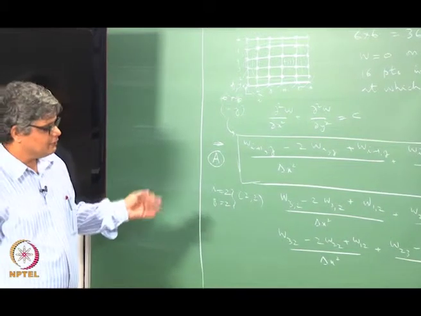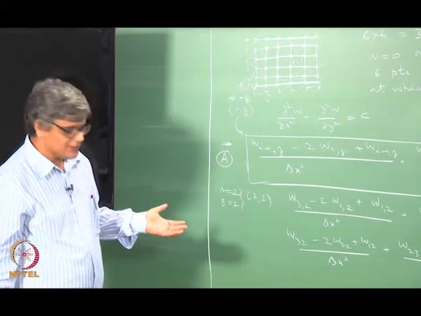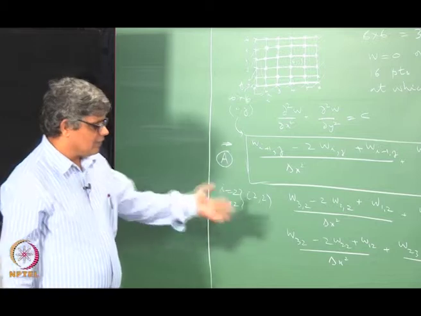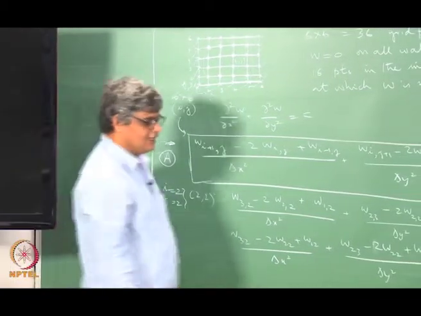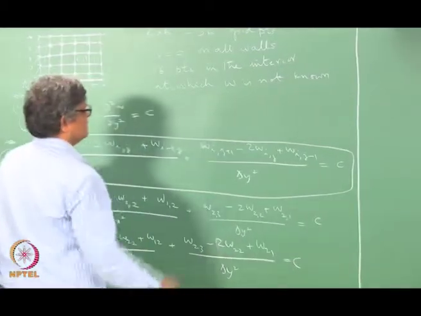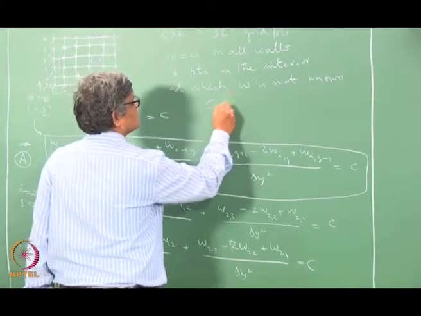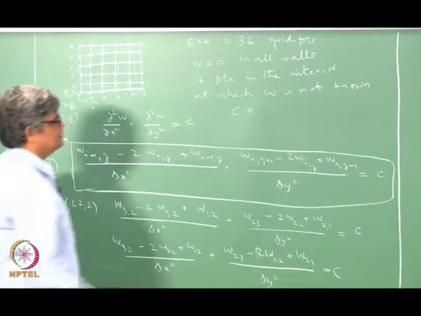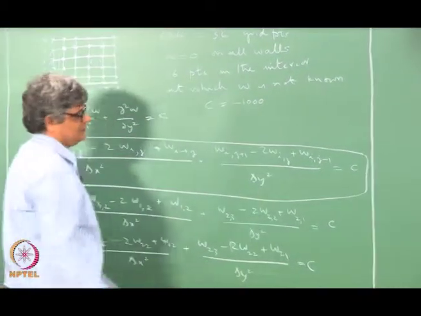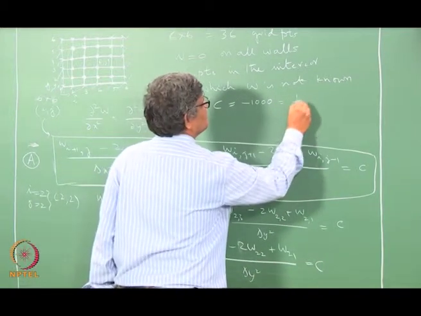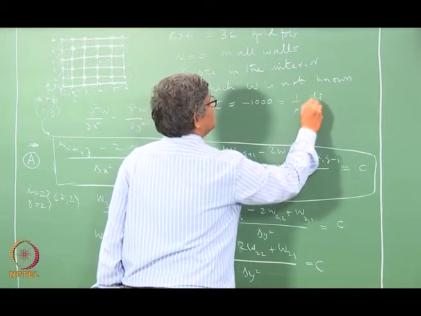In order to make further progress, we can substitute all the variables that are known. For example, C is a given value. So let us take, as part of the problem formulation, C to be minus 1000. This is actually 1 by mu dp by dz.